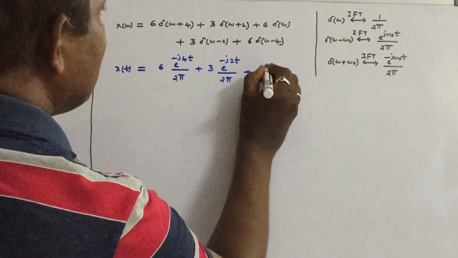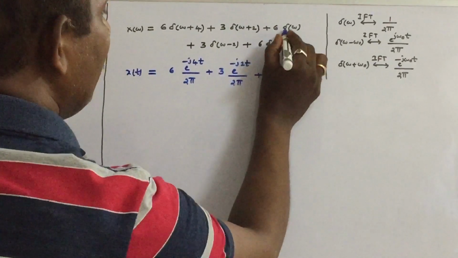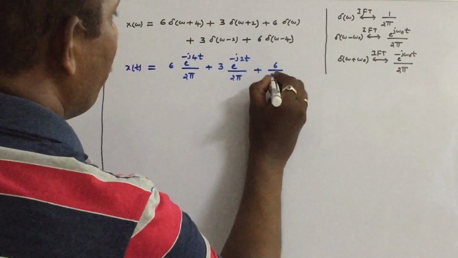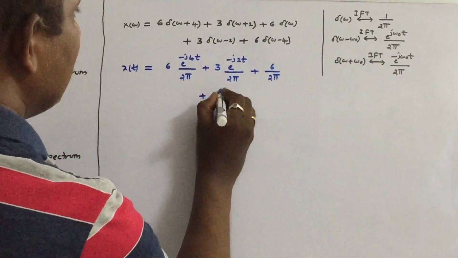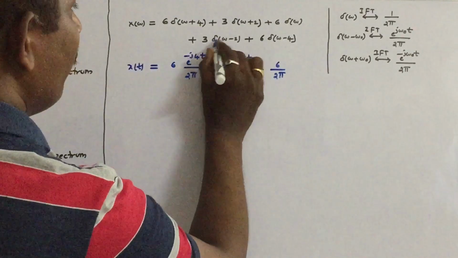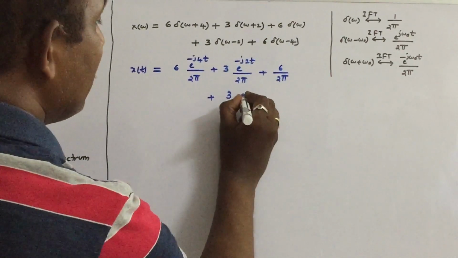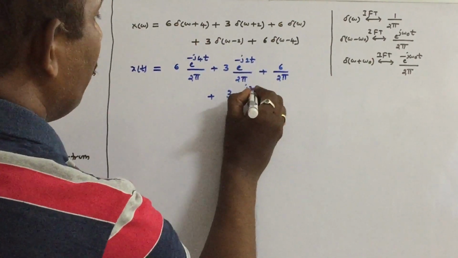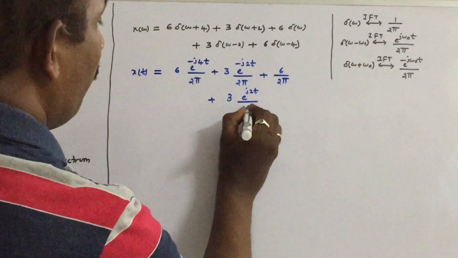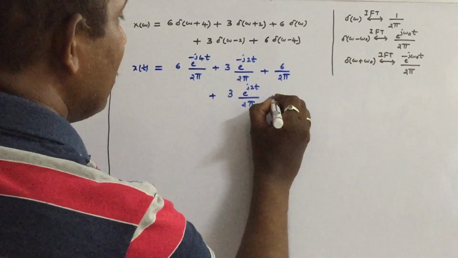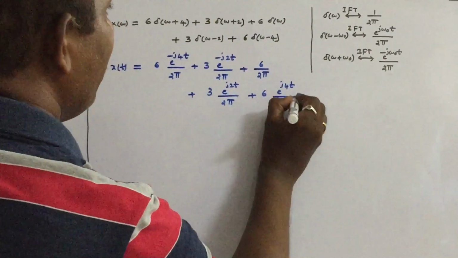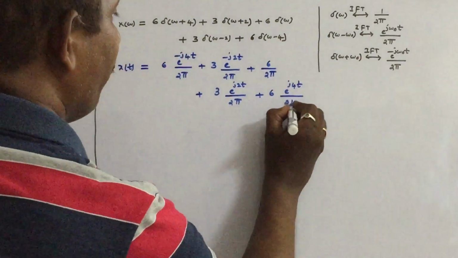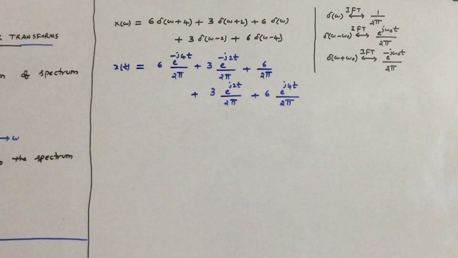Plus 6 into the inverse Fourier transform of del of omega, which is 1 by 2 pi. Plus 3 into the inverse Fourier transform, e power j 2t by 2 pi. Last one, 6 into e power j 4t by 2 pi. So this is what we have to write.